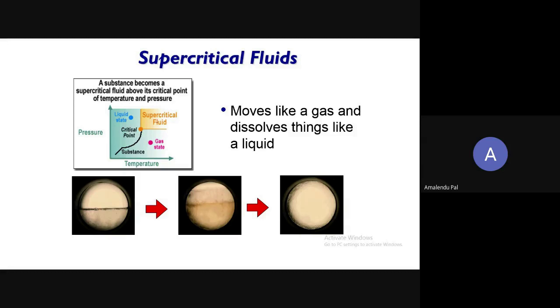So it's not so easy to prepare, although it is a green solvent for particular purposes. For a particular case that is possible, but not for larger scale, because cost effectiveness is very important. Also, it is not a very stable fluid. So it is not so easy to get a green solvent as a supercritical fluid.